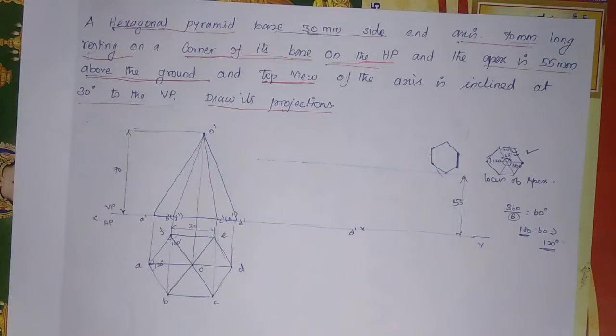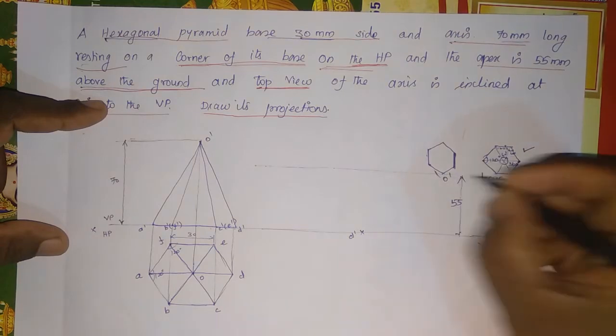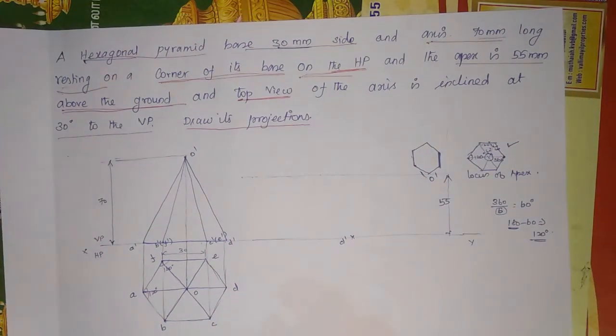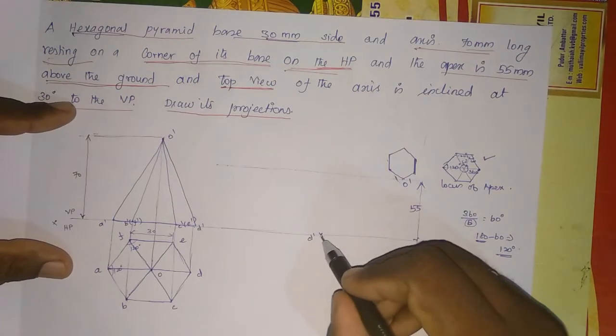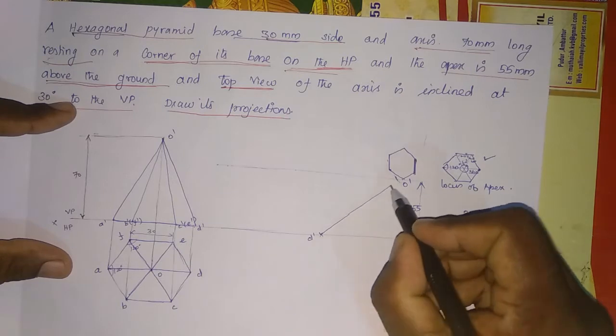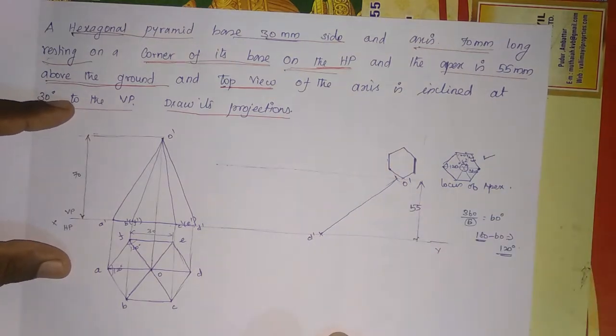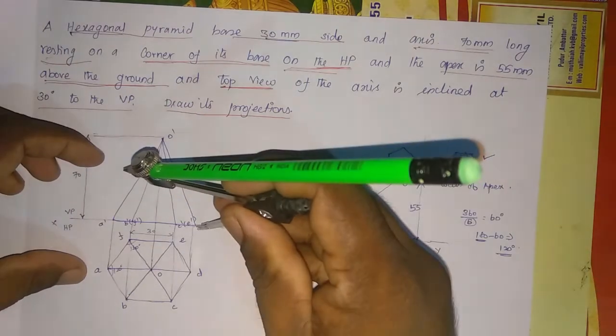So we are getting the point O, here the point O dash. Now we join the points O and D.